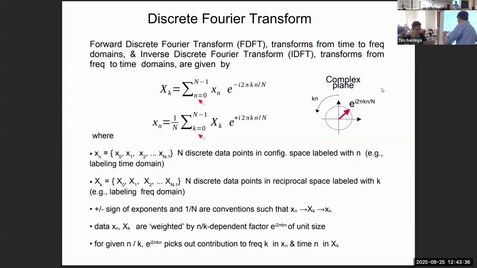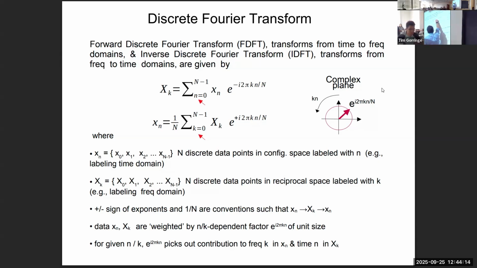The inverse Fourier analysis would be if you had data in the frequency domain, frequency series data, then it would take you to the time domain. So there are forward and inverse analyses that take you from the time domain to the frequency domain, and from the frequency domain back to the time domain.